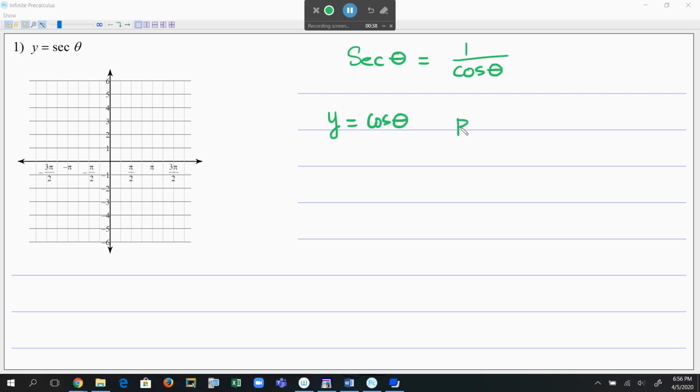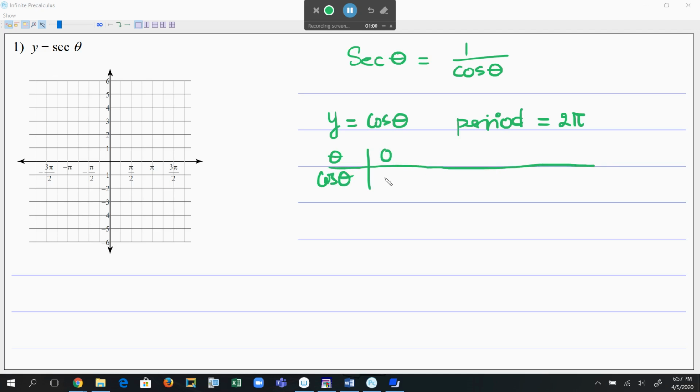And this is the parent function, the period is 2 pi. I'm going to go ahead and just make the table for the positive angles only, from 0 to 2 pi.